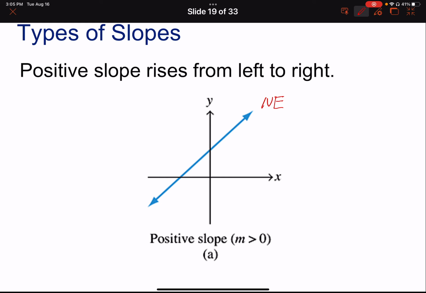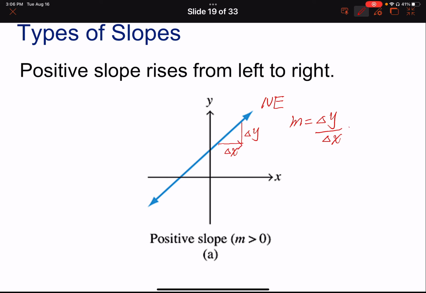Well, slope is defined as delta y over delta x, so m equals delta y over delta x. A positive slope means that when you have a positive change in x, your y has a positive change.